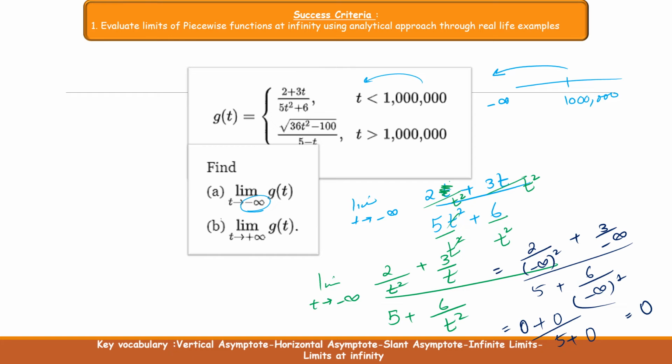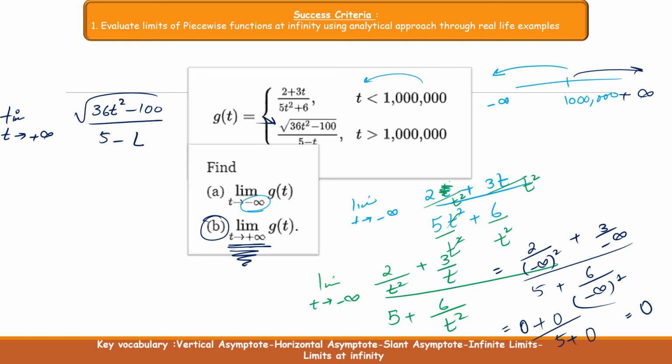Now the second part, B, is t approaching positive infinity, which means the right hand side. On the right hand side, it is t greater than 100,000, which means we are going to take our second equation. So limit as t approaches positive infinity of square root of 36t squared minus 100 divided by 5 minus t.